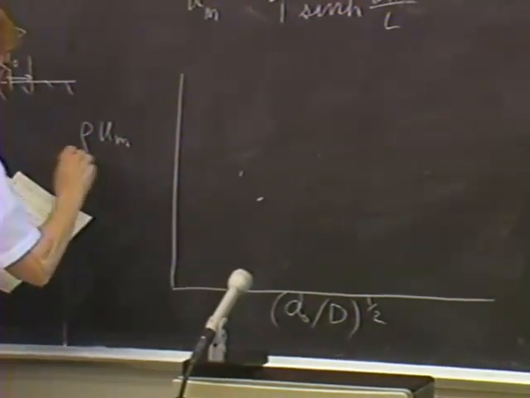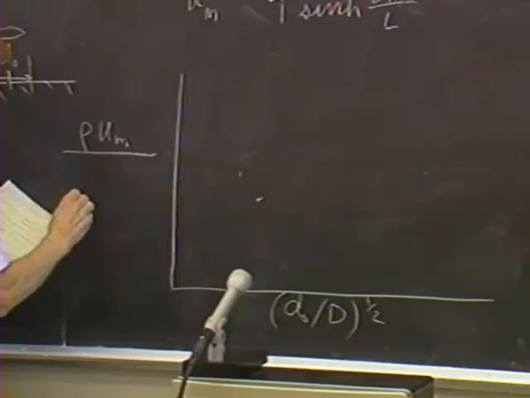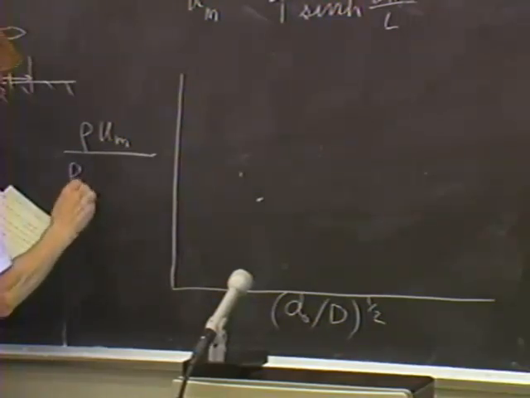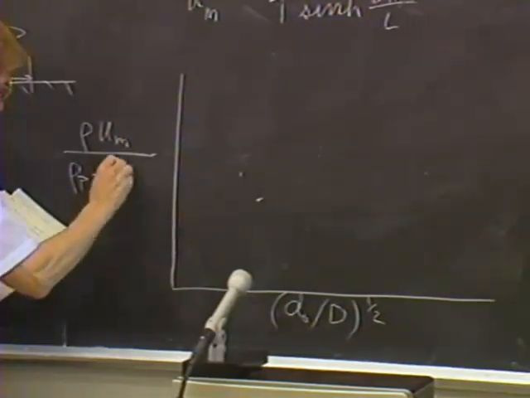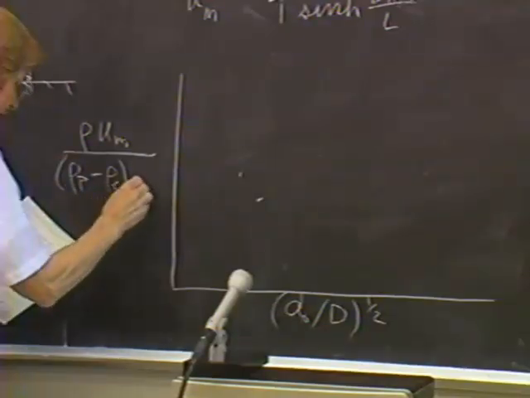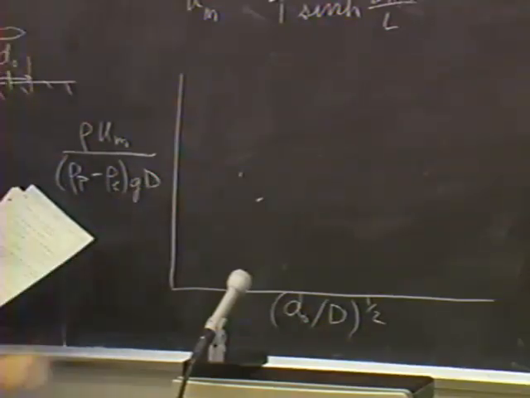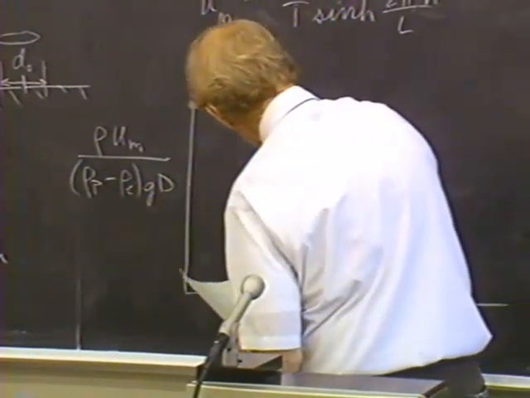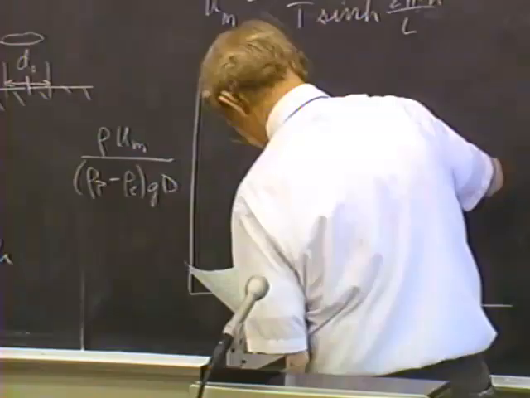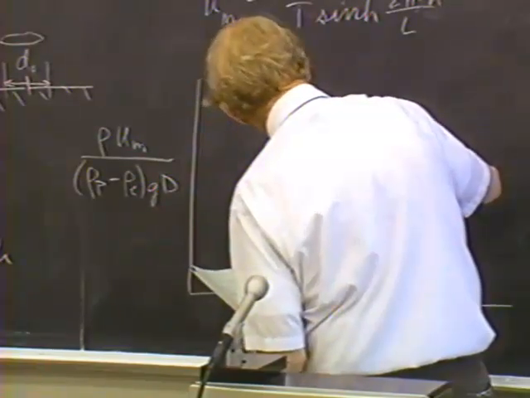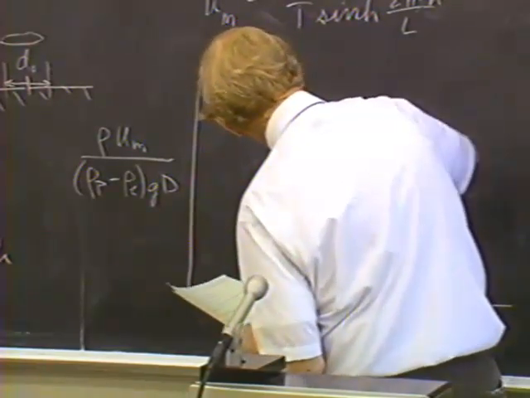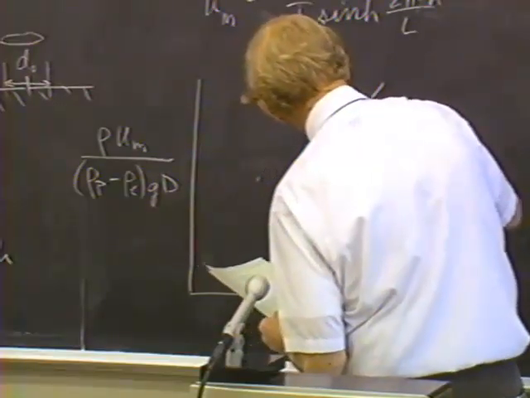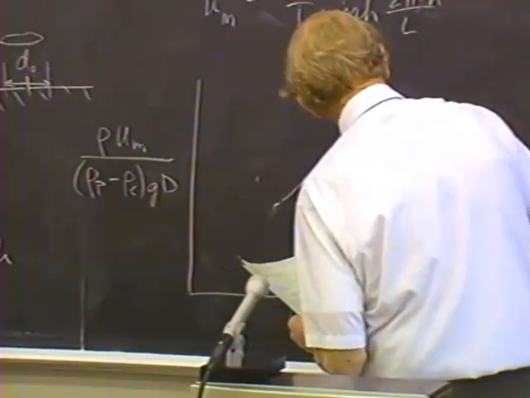So for this portion of the data, under laminar conditions, you can describe the threshold of movement as rho u sub m squared. This should be squared.